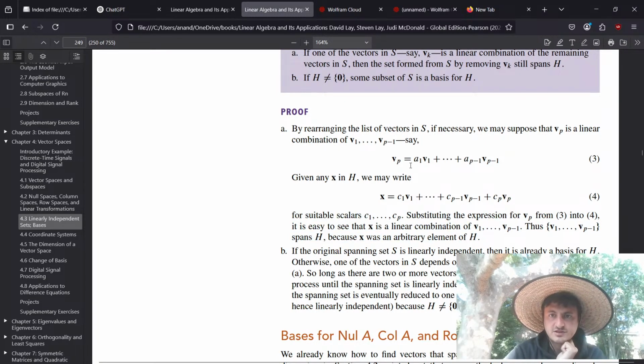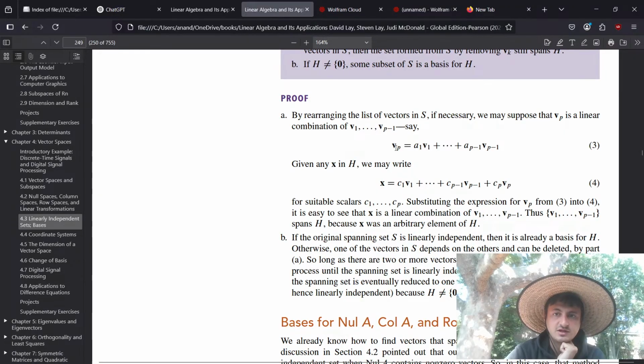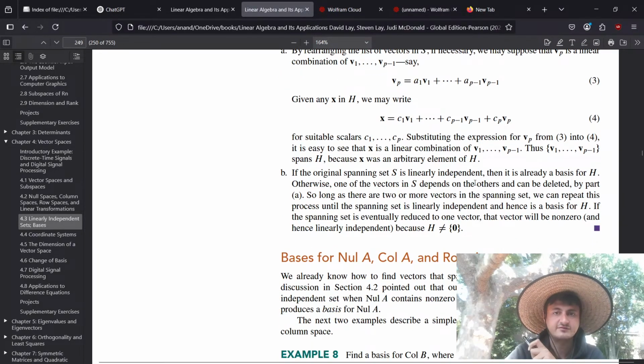So this procedure is that you explicitly write out the linear dependence relation, then you write out the definition of an arbitrary element in a vector space, and then you substitute the linearly dependent one in for that, and you can show that you can just remove that vector from the spanning set.